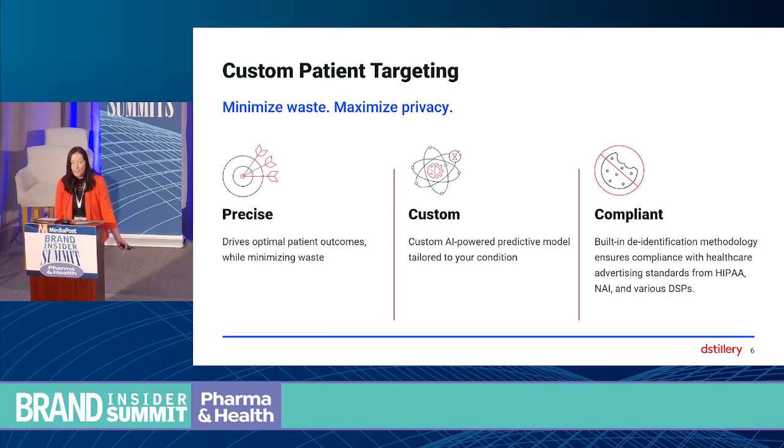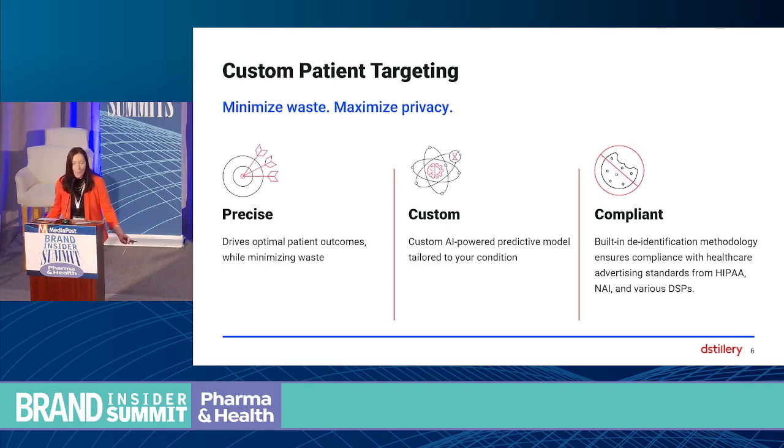We view every single campaign as a new custom model, and each model is tailored specifically to the condition and those individual patient outcome goals. Lastly, it's compliant because our product doesn't rely on any form of user-based targeting. We can ensure 100% compliance with all laws, policies, and guidelines.